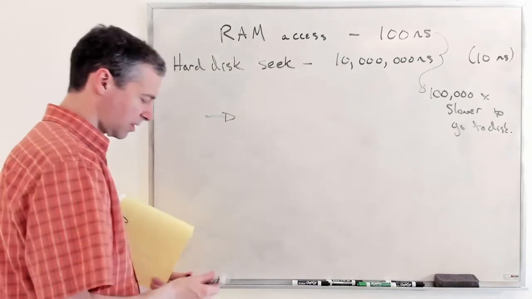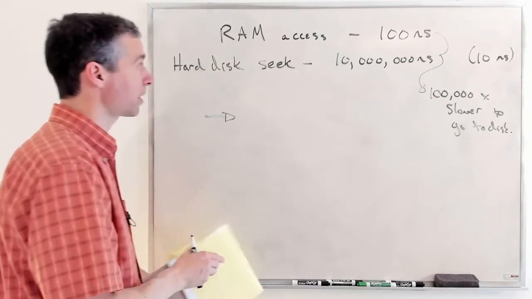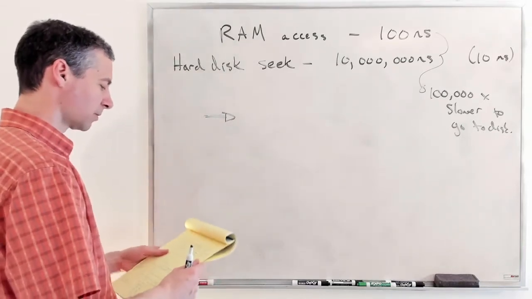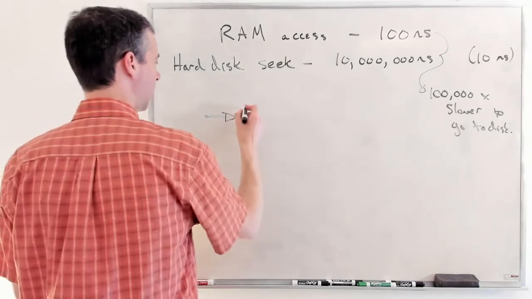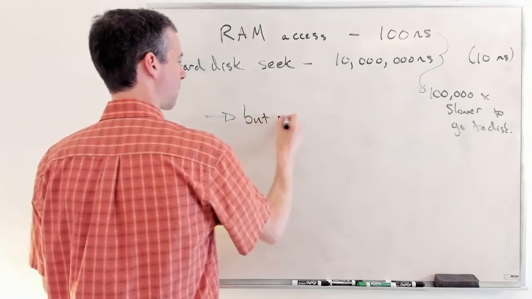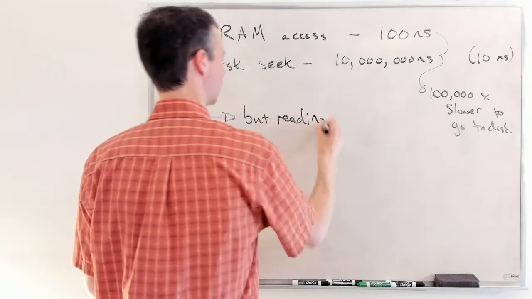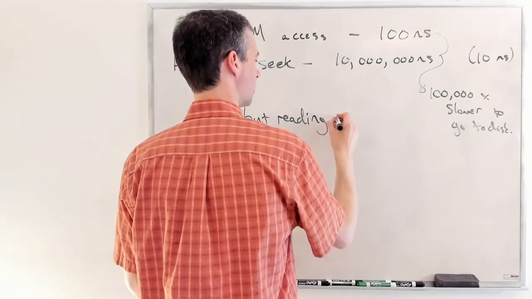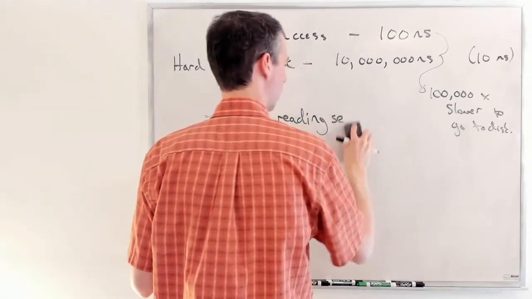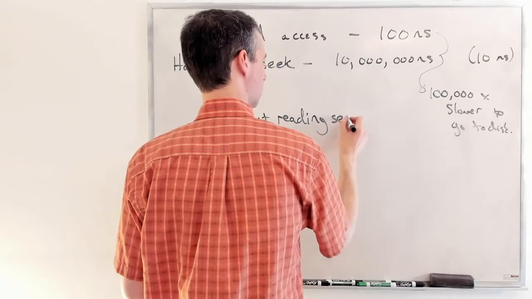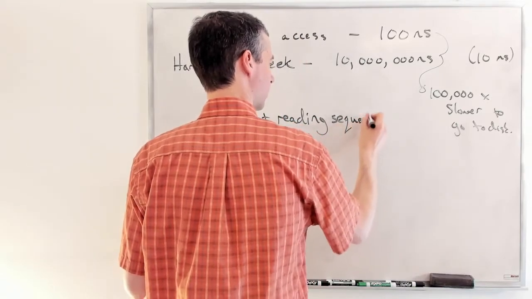Anyways, the thing is, that's random accessing. Hard drives don't like that. But reading sequentially, so this is when we open up a file, and basically we read it from beginning to end.